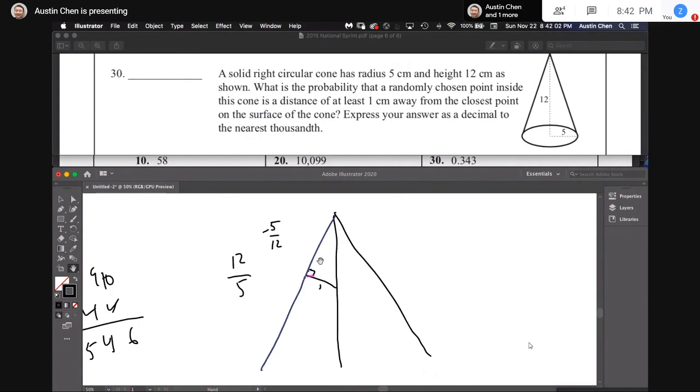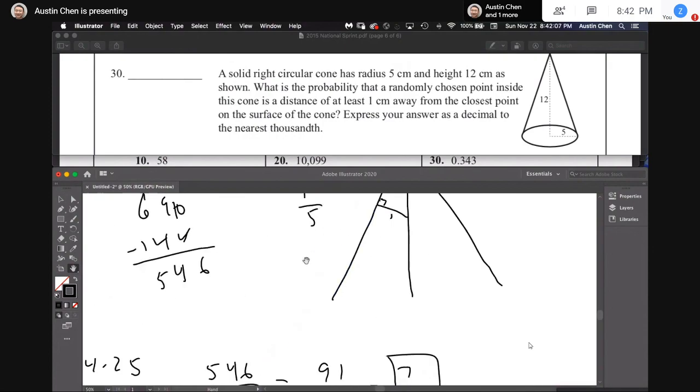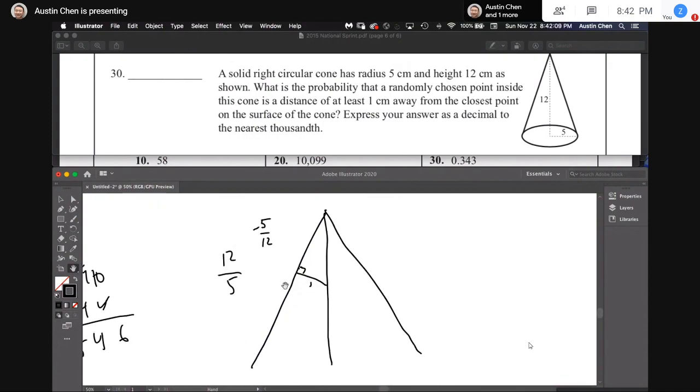This will be a 5, 12, 13 triangle. I mean, you could just see that from the slopes. You can also make a triangle here. Also, notice this triangle is similar to that triangle by the angles. Sure, it's similar by similarity, whatever.